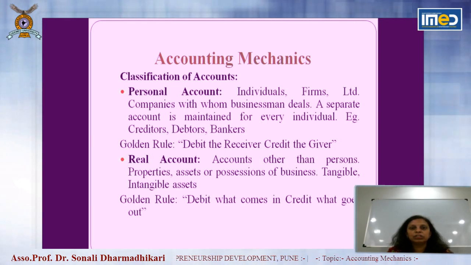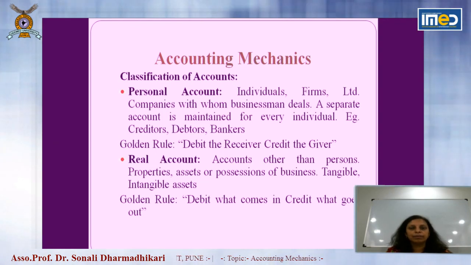For example, machinery account or Raman's account. Raman's account will represent the transactions of the business with Raman. So this account is a classified record of entries of a particular account. It can be of any type. For this purpose, all accounts are classified into three types: personal, real, and nominal.